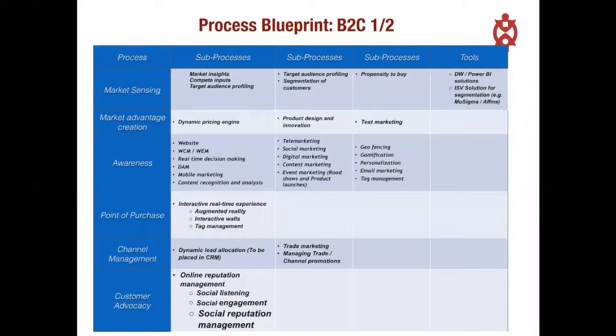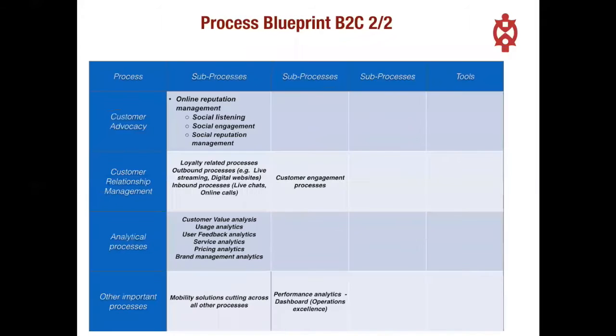So customer advocacy, channel management, all of these are required. Gamification is more important for B2C, and then you map it to the tools that you have available for each of them. Again, continuing with the B2C process mapping, what are the other important processes, analytical process. It's just a template. You don't have to take it as is.